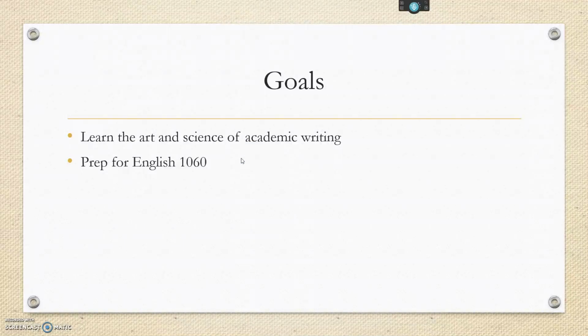So I want to give you a little bit more of an idea of what you should expect about this course. The goal for this course is, primarily as I see it, to learn the art and the science of academic writing. I think academic writing is in fact both an art and a science because, like a science, there are certain prescribed things that you have to be able to do well in order to be a good academic writer.